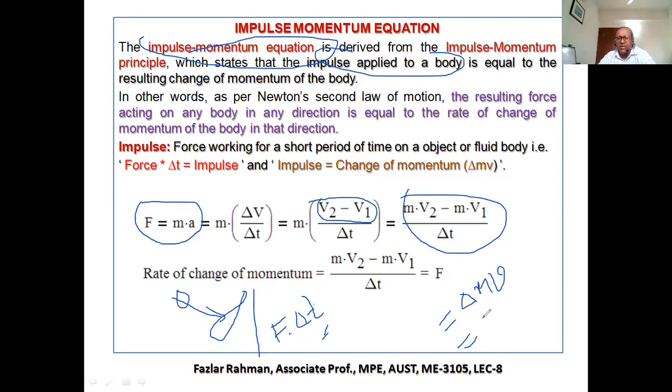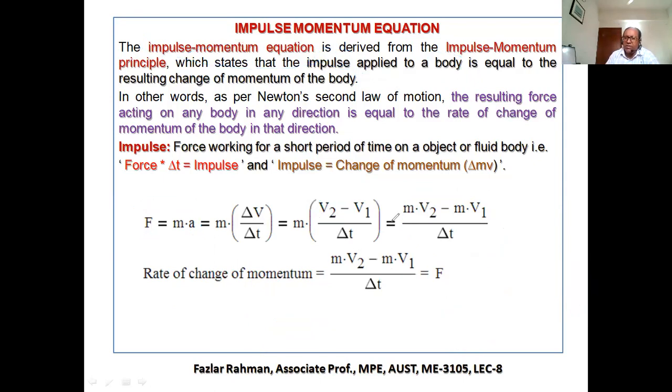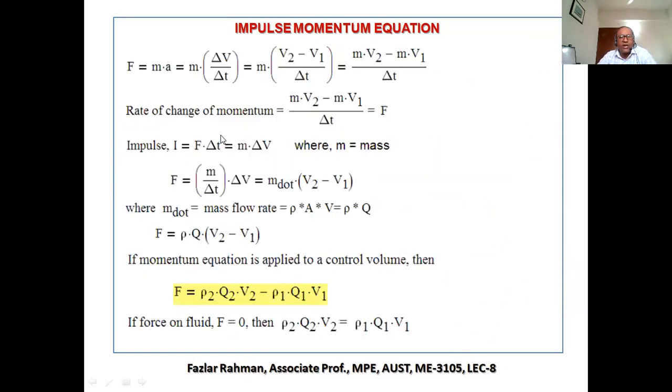Now for delta mv for a solid body, m remains constant. So for a solid body, you will get m into v2 minus v1, right? And this one also you can figure out by Newton's second law. So just remember what the impulse is over here, and remember that impulse equals the change of momentum. So right over here, this is I. I is the impulse.